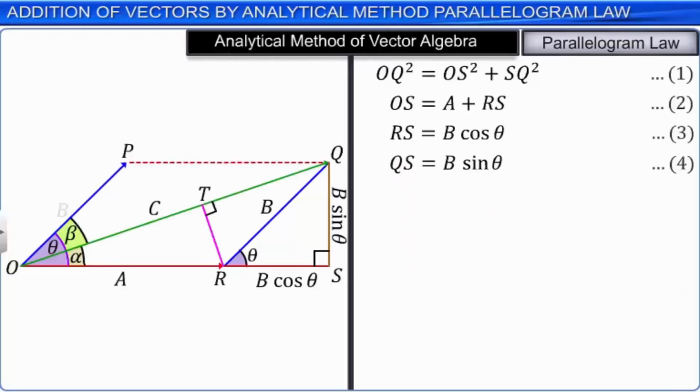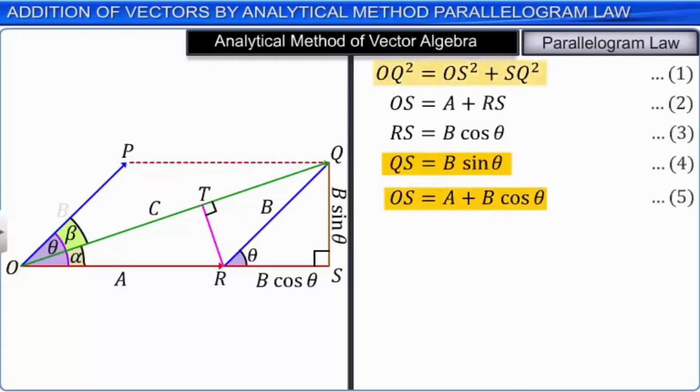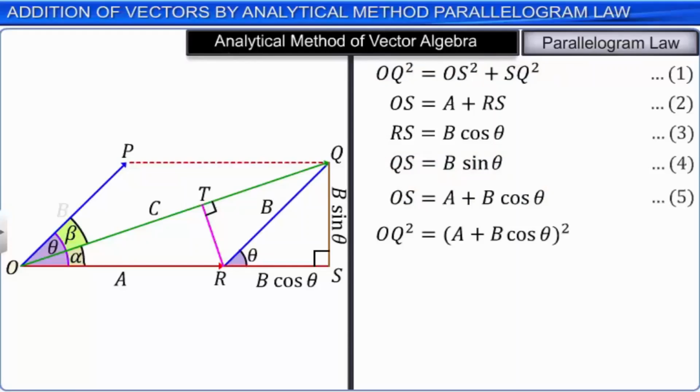Substitute equations 4 and 5 in 1. We get OQ square is equal to A plus B cos theta the whole square plus B sin theta the whole square, is equal to A square plus B cos theta the whole square plus 2AB cos theta plus B sin theta the whole square, is equal to A square plus B square sin square theta plus cos square theta plus 2AB cos theta.